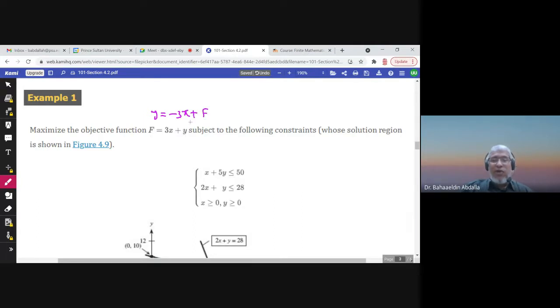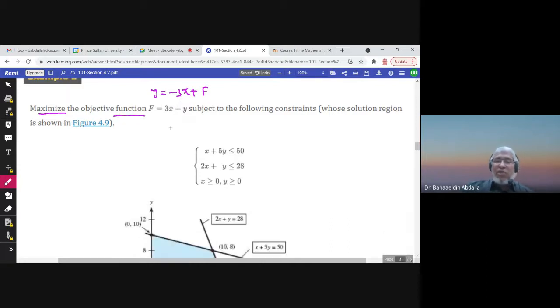So we need to find what is the minimum f. Okay, maximize. What is the maximum f? F is the y-intercept. If you put x as 0, f here is the y-intercept. And the slope of this line, the objective function is a linear function, is -3.